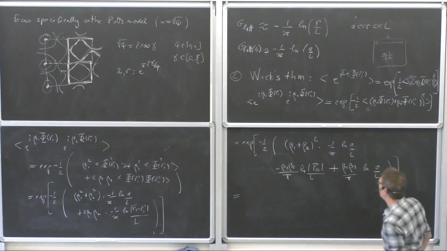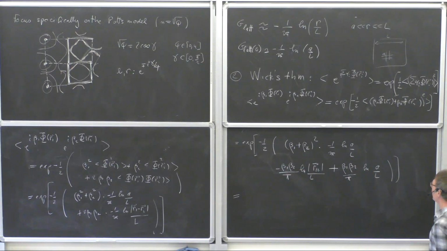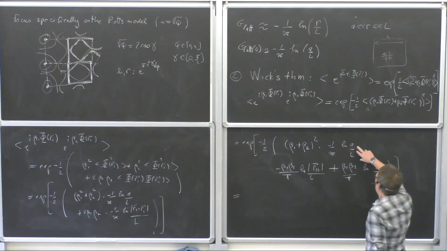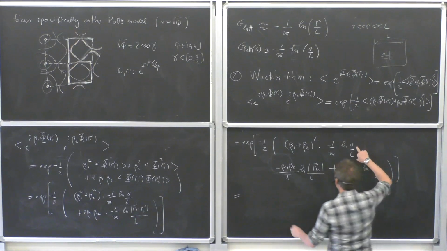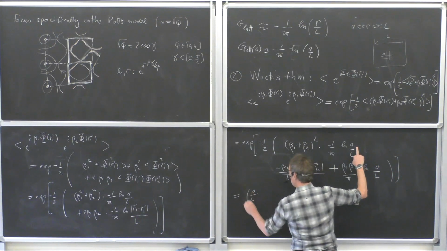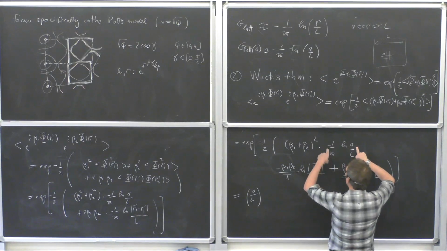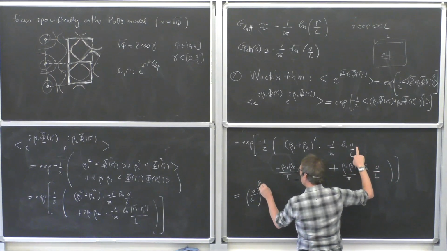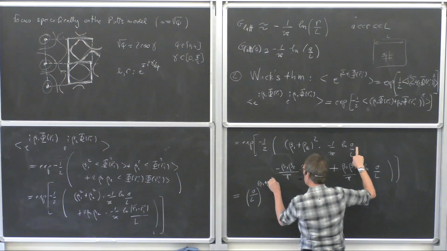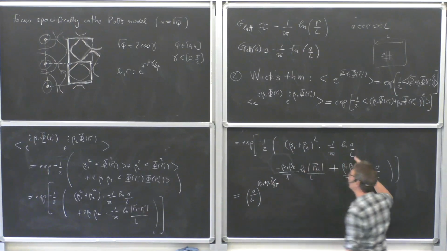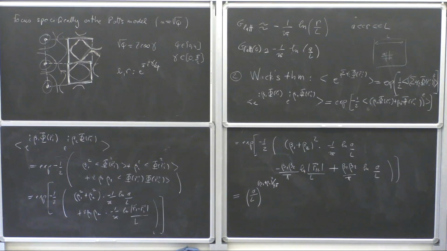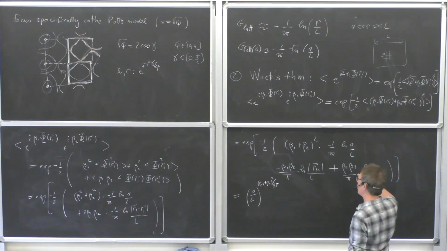So now we can put everything together. I get a over L to the beta 1 plus beta 2 square over 4 pi. And then I get, so what else do I get?